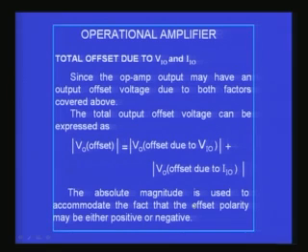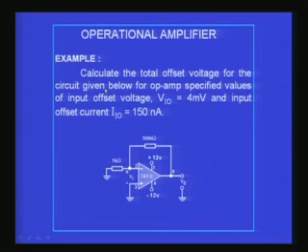I have given one more example in this case, where we can calculate both of them together. Calculate the total offset voltage for the circuit given below. For an op amp, specified values of input offset voltage VIO is 4 millivolts and the input offset current IIO is 150 nanoamperes.